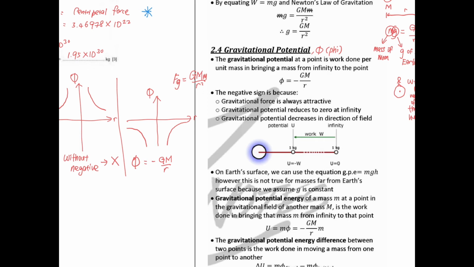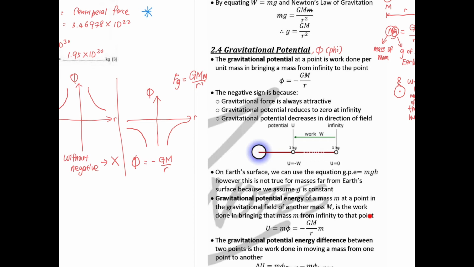And next point, gravitational potential energy. The gravitational potential energy of a mass m at a point in the gravitational field of another mass M is the work done in bringing that mass m from infinity to that point.